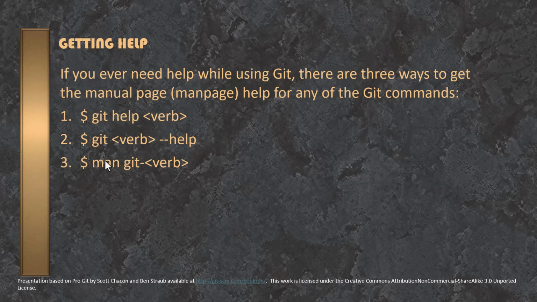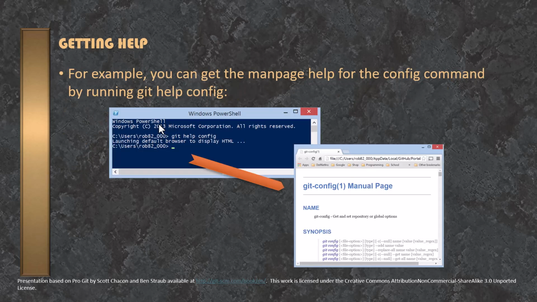And there are a number of help and manual commands you can use to look up information. Here's an example: if you do the manual command, git help config, it'll actually give you a web page and give you information on that.